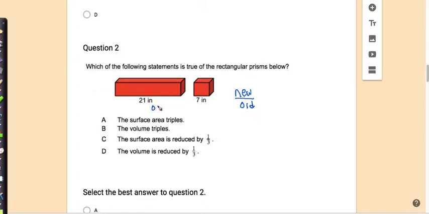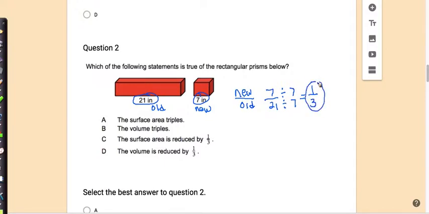The first one is always the old one, and this is the new one. So I circle these, and I'm going to do 7 over 21. Now, 7 over 21 can be simplified, and make sure the smaller number's on top. 7 divided by 7 is 1, and 21 divided by 7 is 3.